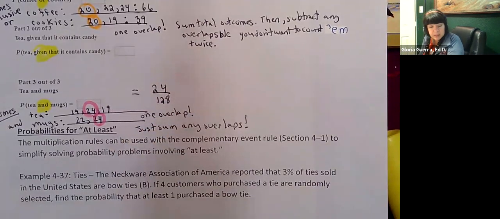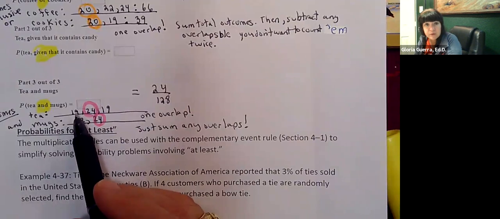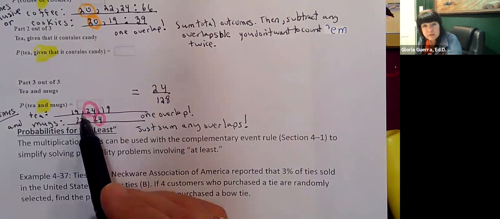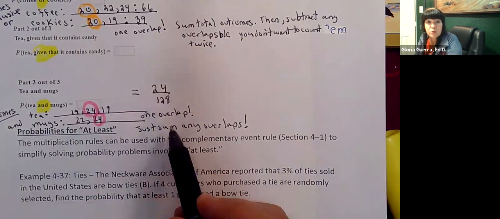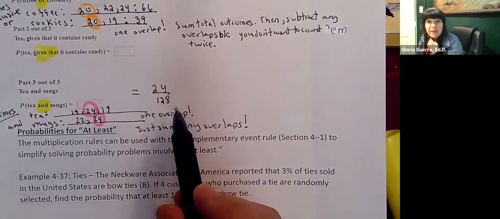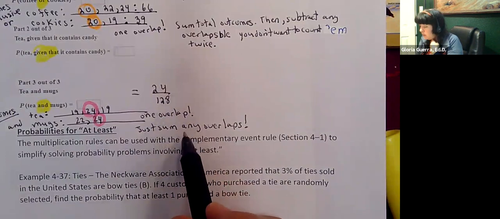Okay. And if you had another group circled, like let's say you had a 19 here and a 19 down here, then you would do plus 19 over 128. If you had another overlap, you would just sum all the overlaps, okay?